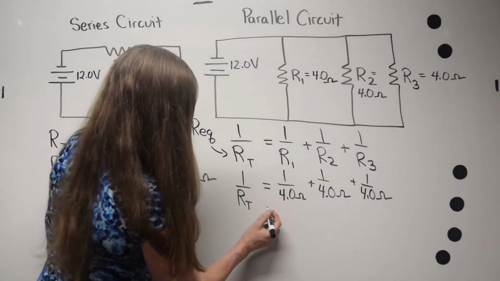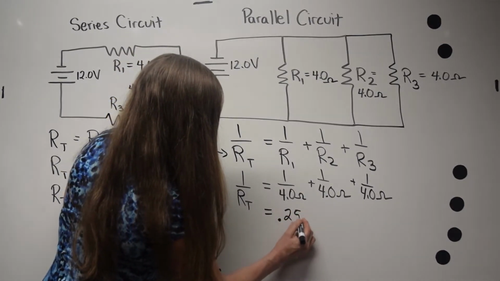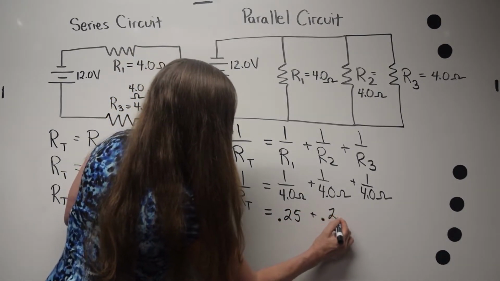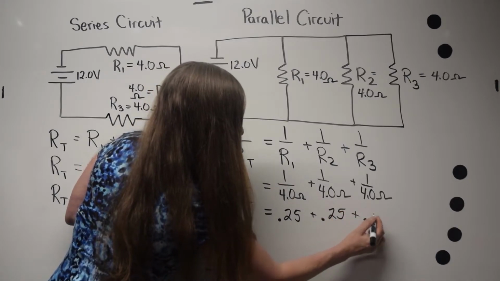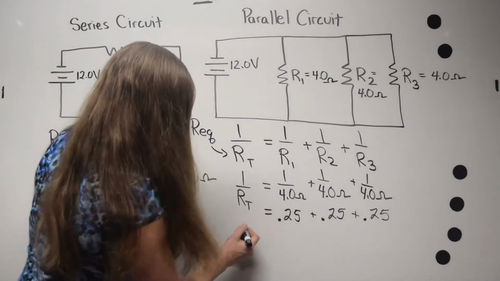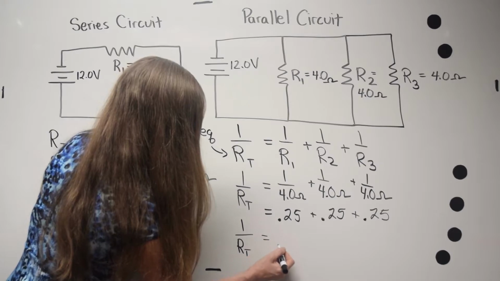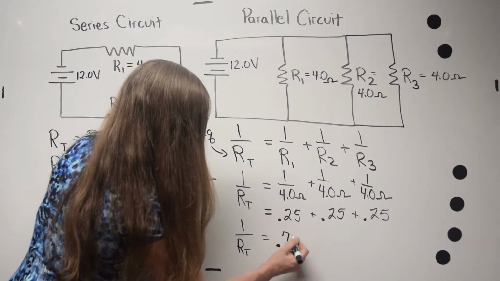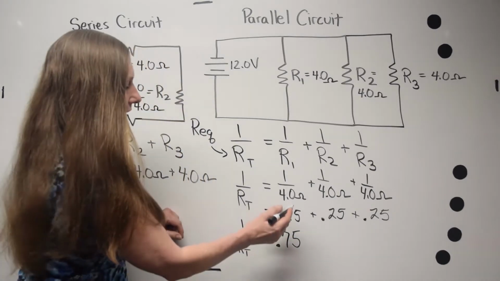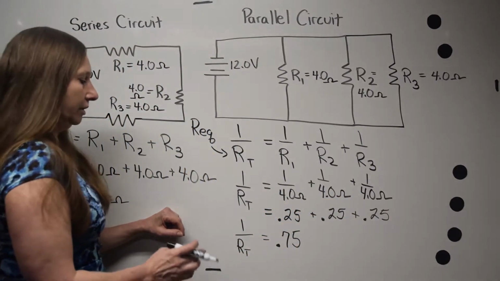All right, so we've got here 1 divided by 4 is 0.25, plus another 0.25, plus another 0.25. Add those all up, and we find that 1 over R total is equal to 0.75. So if you add up this plus this plus this, you get 0.75.